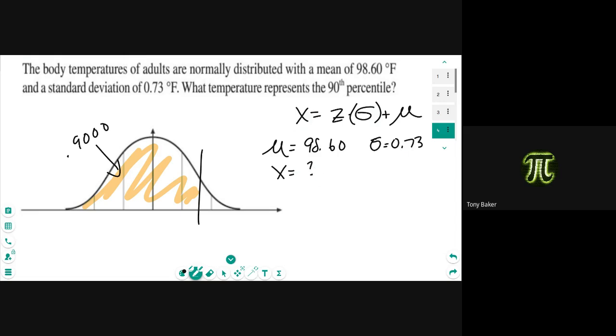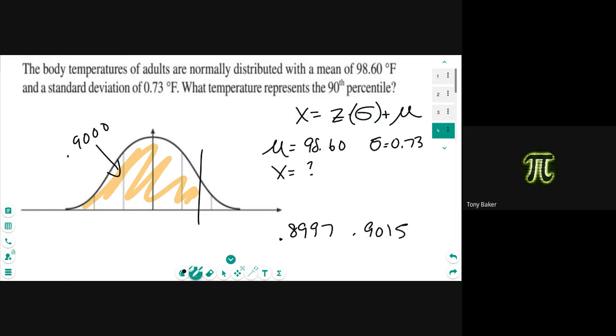So now if you look at your Z table, we're on the positive side because it's above 50. And we're looking for 0.9000. And what you'll find is you won't find it. You'll have those two.